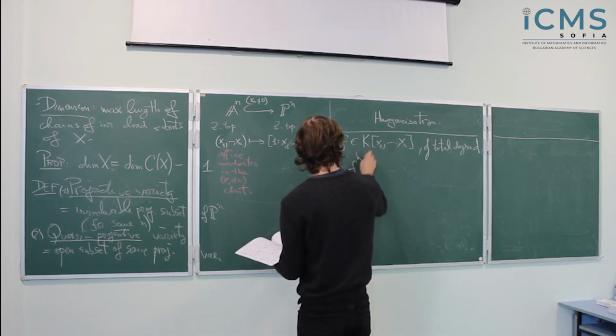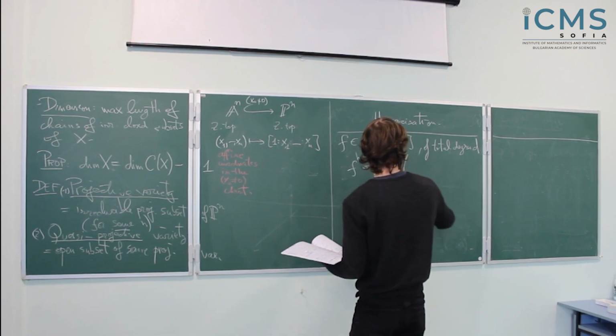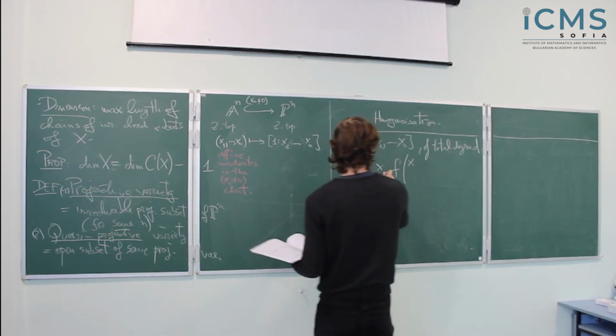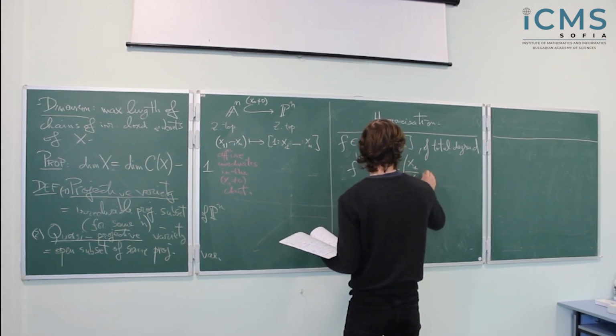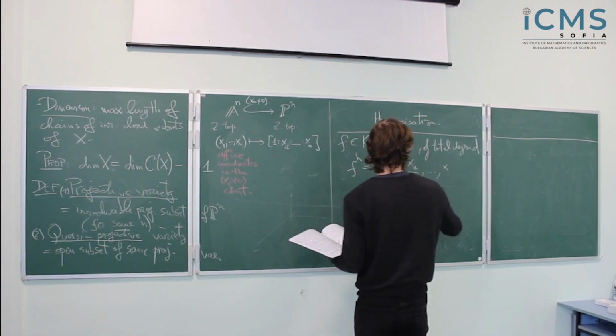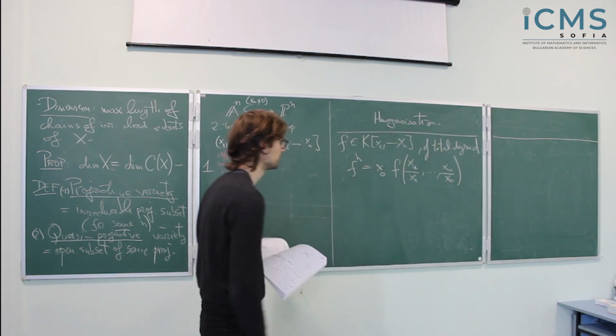And we take f^h equal to, we consider an extra variable here, x0, and we implement inside of f these quotients.